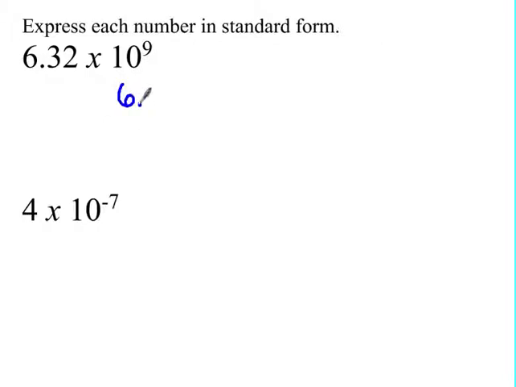I need to make that a really big number. So I'm going to move that decimal 9 times. To make it a really big number, am I going to go to the right or to the left? To the right, because that's going to put me in the millions, things like that. So I go 1, 2, 3, 4, 5, 6, 7, 8, 9. That is my new decimal.